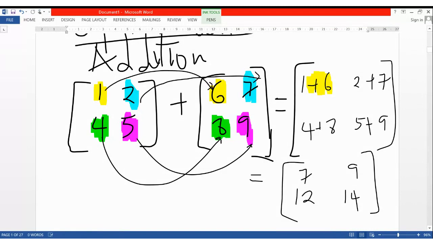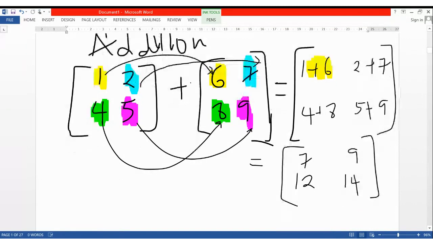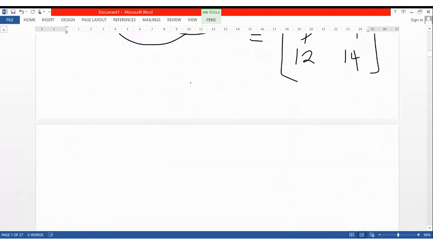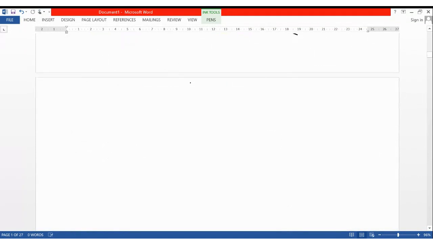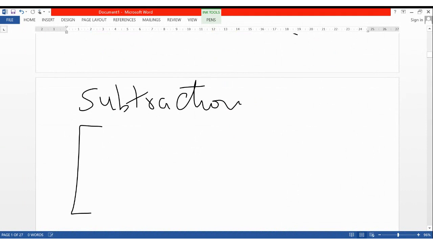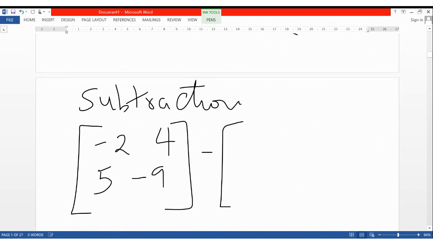When you come again to subtraction, it's the same thing. Subtraction. When you have negative 2, 4, 5, negative 9, minus 3, negative 1, 6, negative 2. Again, I'll do the same thing.